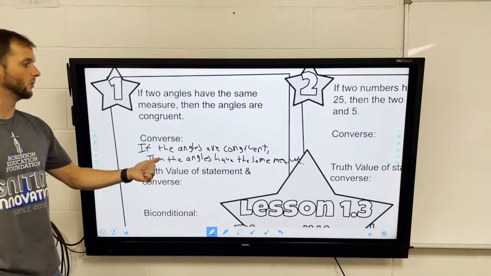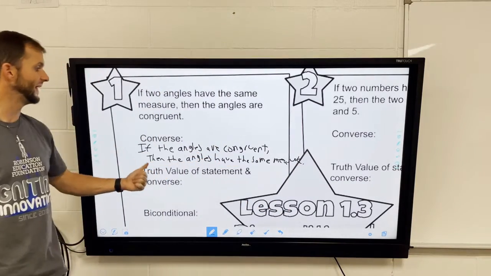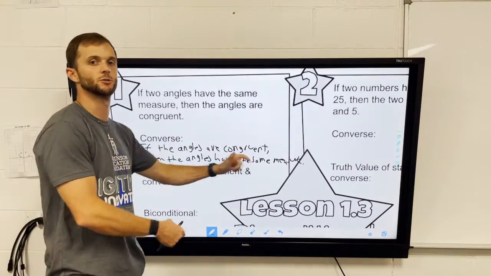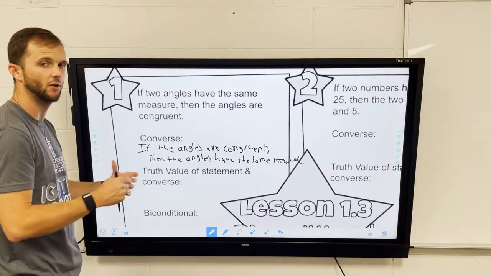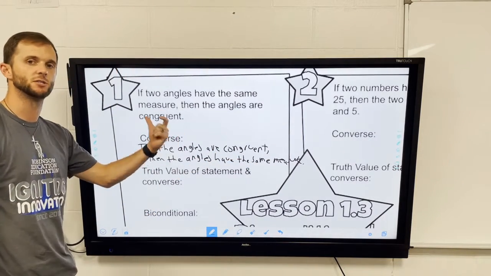If the angles are congruent, then the angles have the same measure. So that means I did the converse. So now the thing you're going to look at is the converse is still true.